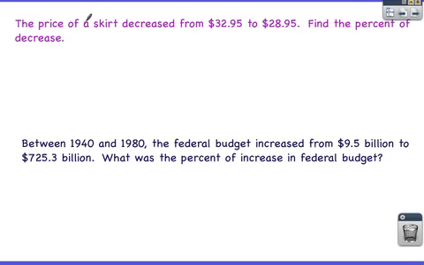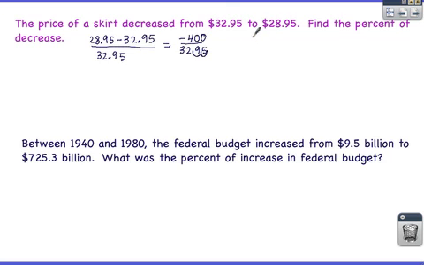Well, we find the amount of change, which is new minus old. 28.95 minus 32.95 over the original, 32.95. 28.95 minus 32.95 is negative 4. If I move this decimal over twice, I can also move this one twice.